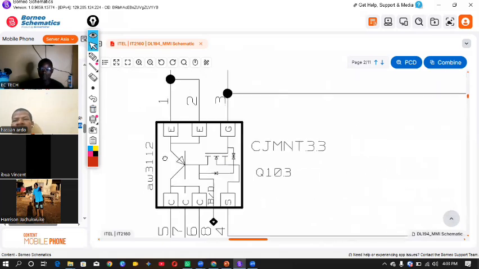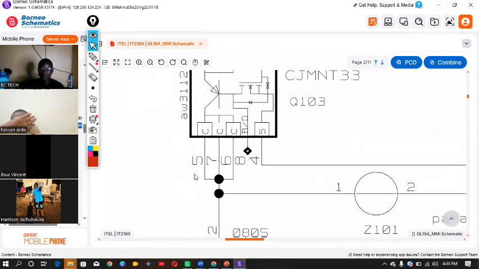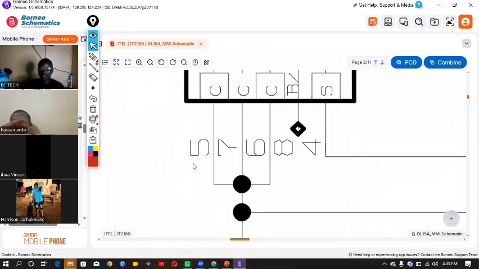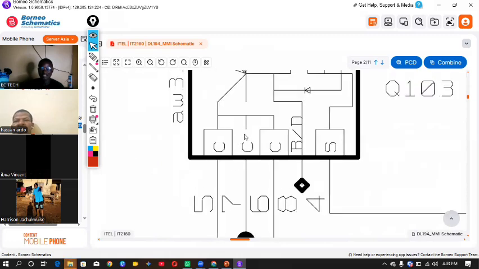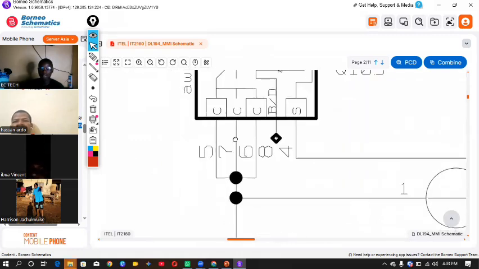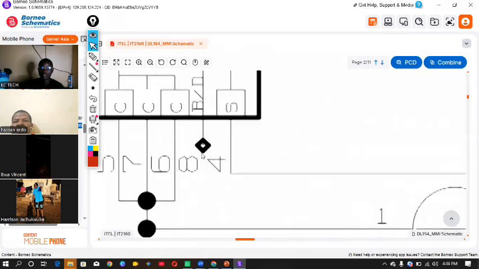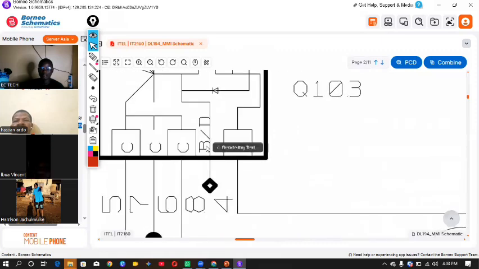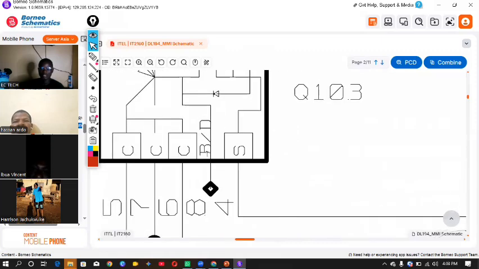Now, 5, 7, and 6. The 7 leg is internal, it's inside, so it's not outside. Sorry, it is this one that is internal.